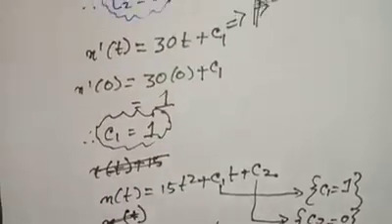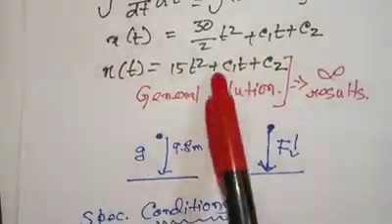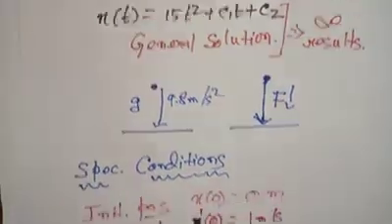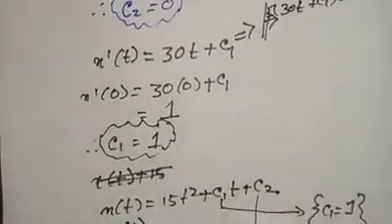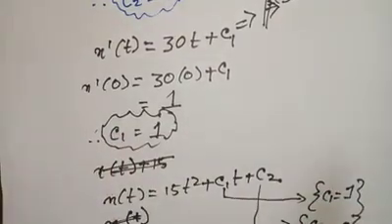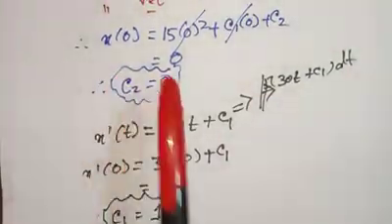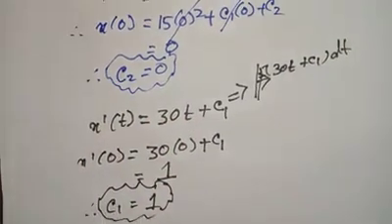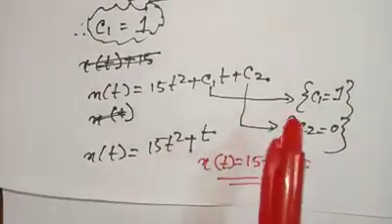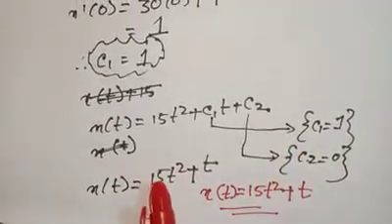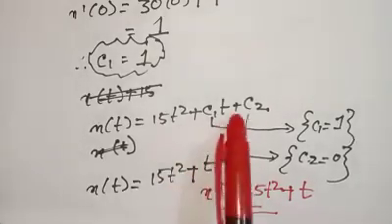Why I showed you this is because in a general condition this could have yielded infinite results, but in a specific condition we get c1 equals 1 and c2 equals 0, and the specific solution is x of t equals 15t squared plus t.